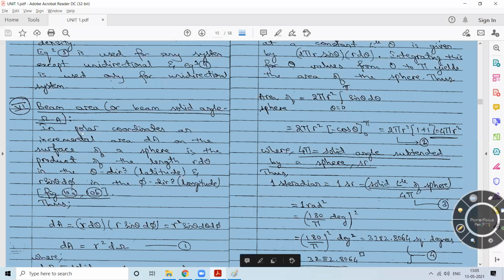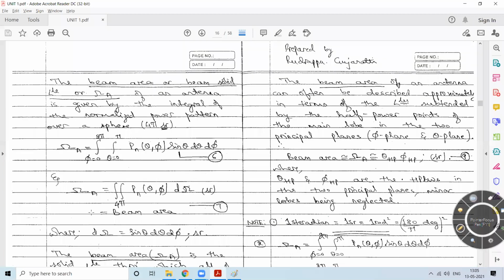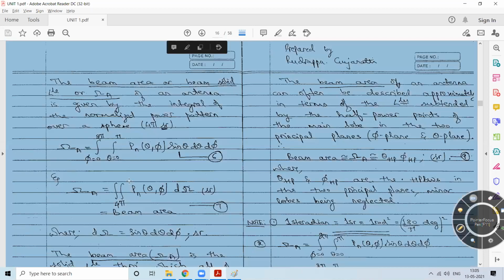Let us look at the equation and then come back. Omega A is given by the integral of normalized power with respect to the solid angle. Beam area, or beam solid angle, is the surface integral of the normalized power density with respect to the solid angle.